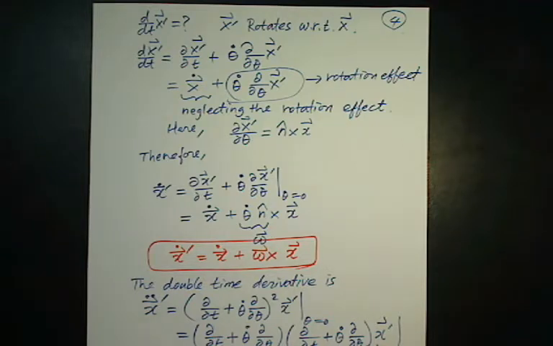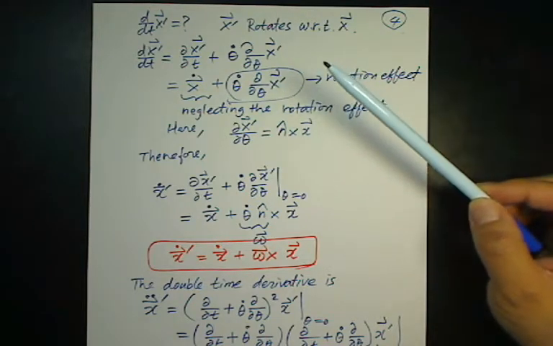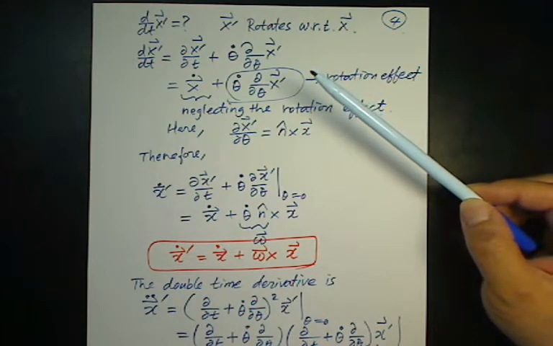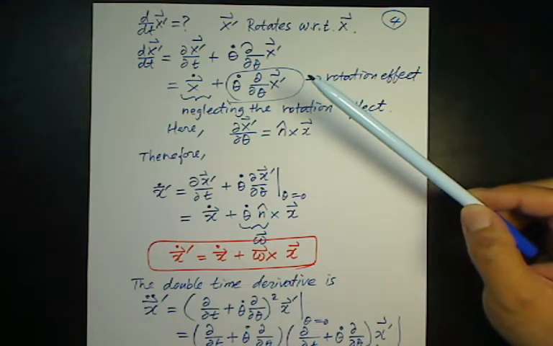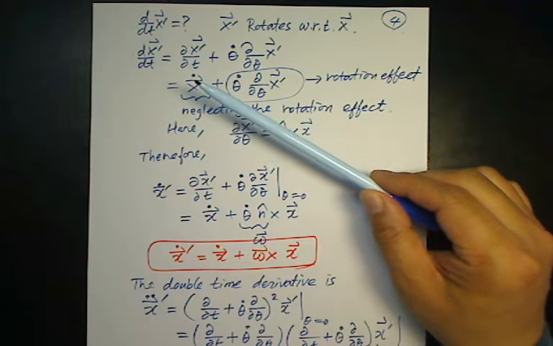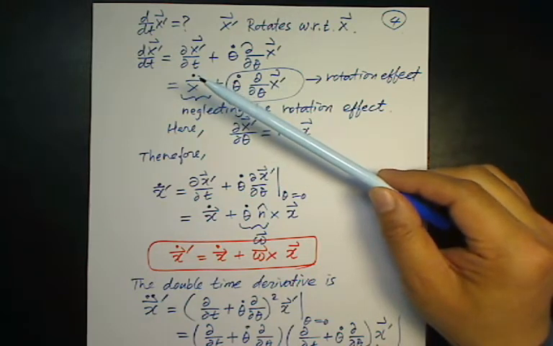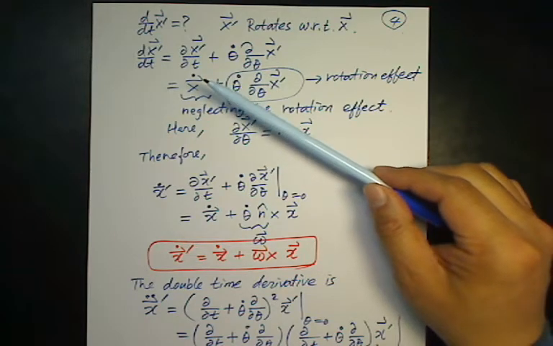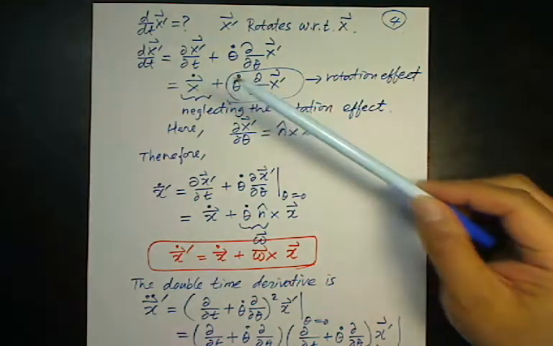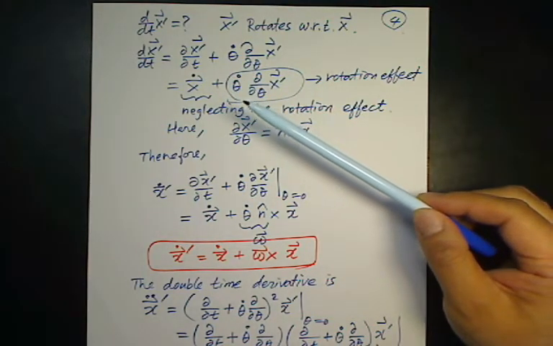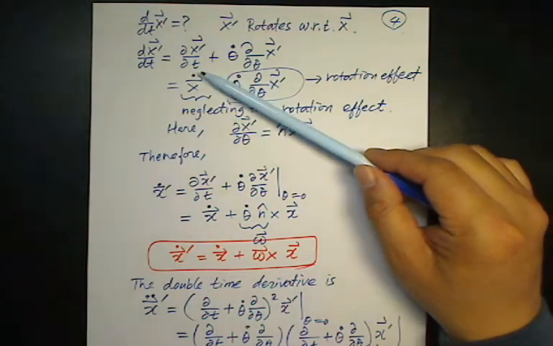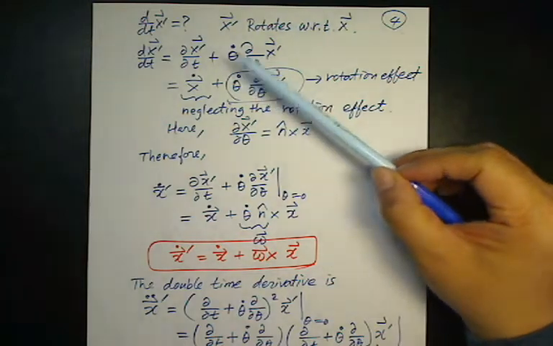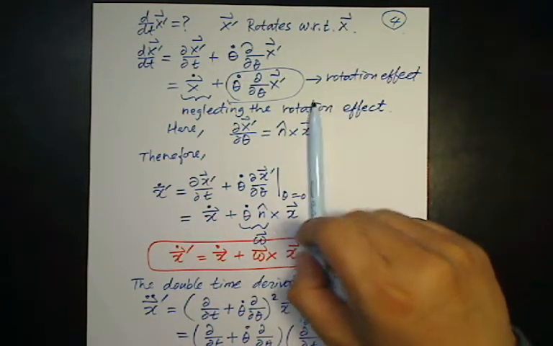In the beginning, we stated that if the reference frame is rotating, the total time derivative of the particle observed outside of the rotating frame has two parts: this is due to the coordinate change measured from the rotating frame, and this is the amount of velocity generated by rotation.